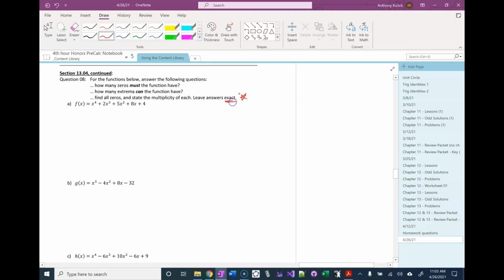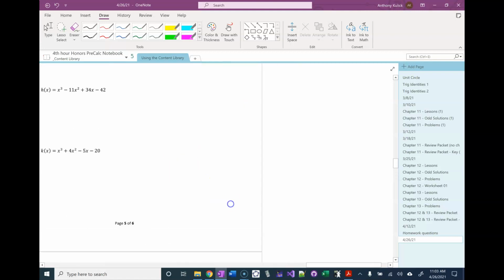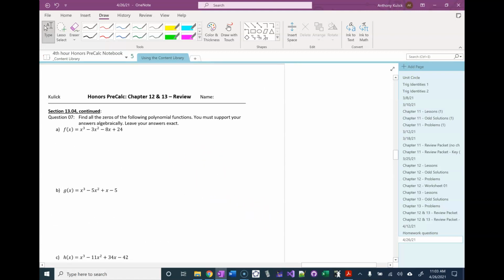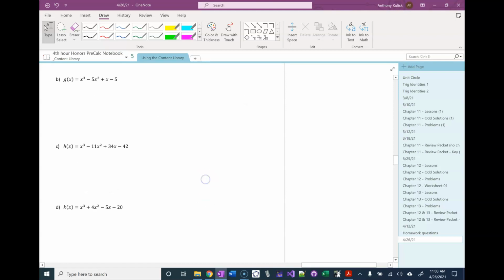Because we're asking for exact, you'd have to do that algebraically. And that's the whole possible rational zeros process? You'd have to do that process to identify them. So this is basically the last two problems, and even 7 is really still the same thing.